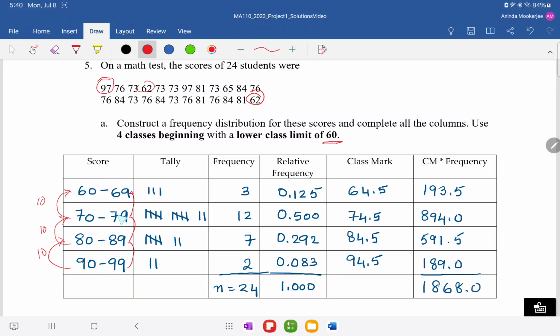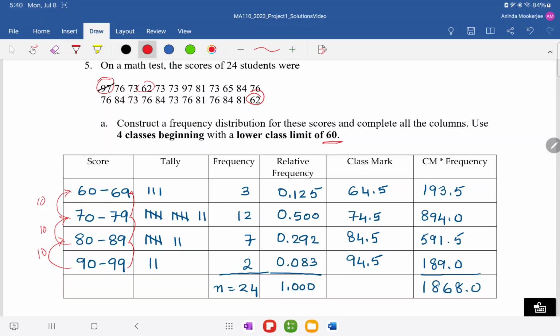Now, once we have defined the intervals, the next step is to tally. So we go through the list one by one. So 97, right? So we go through this entire list starting with 97. 97 is in this last interval.